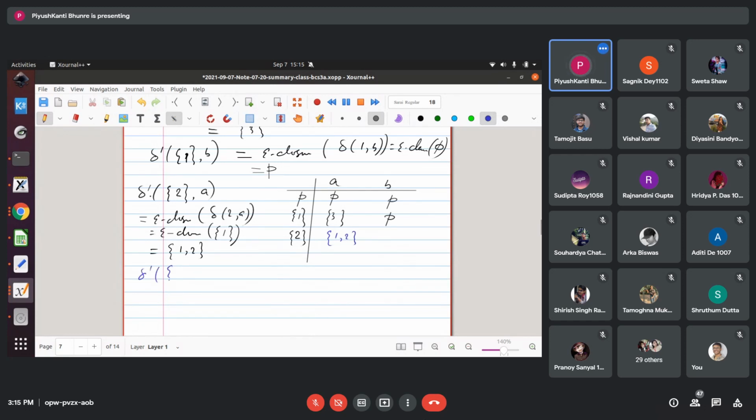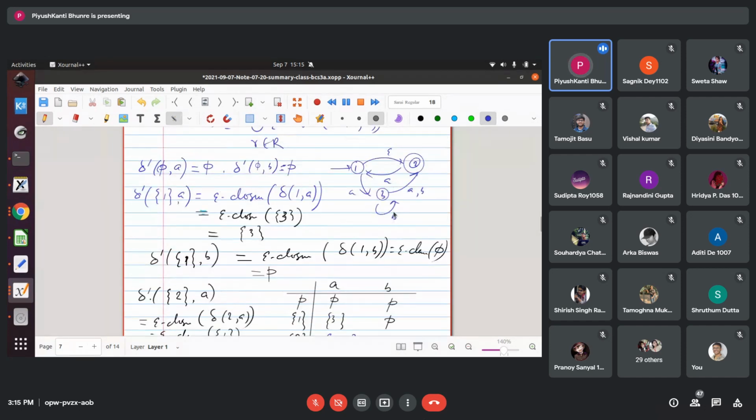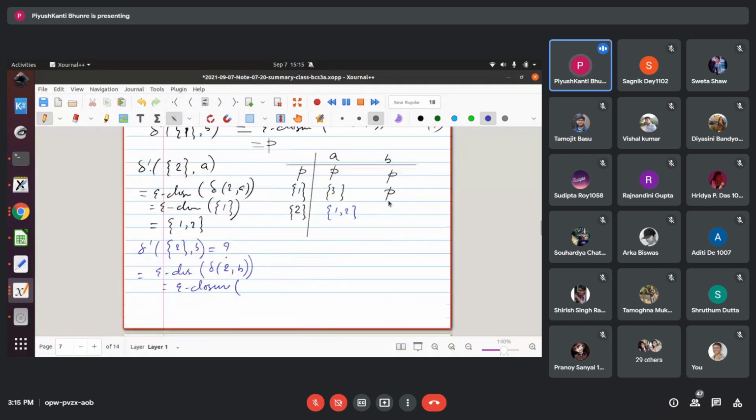What will be delta prime 2 B? What will be that? Okay. So this is again epsilon closure of, I am showing the steps again, 2B. If it receives B, it can go to state 2 or it can stay in the same state 3. So that means this is the set 3 and 2. Okay.